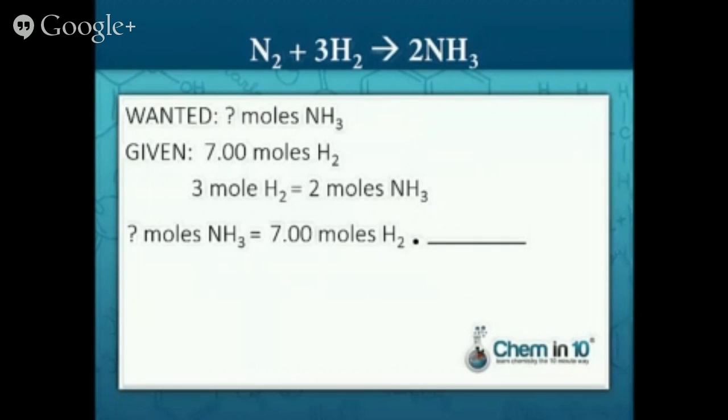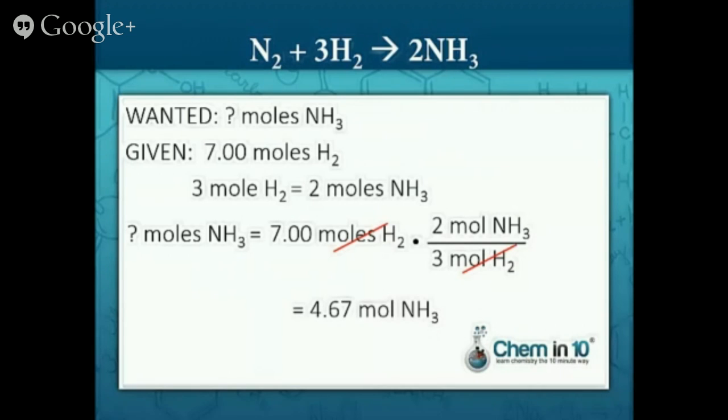We want to put the conversion factor in such a way that the moles of hydrogen cancel out and we're left with moles of ammonia. So we'll put 3 moles of hydrogen in the denominator and 2 moles of ammonia in the numerator. The moles of hydrogen cancel out, and we multiply the numerators and divide by the denominators, and we get 4.67 moles of ammonia. 7 moles of hydrogen make 4.67 moles of ammonia.